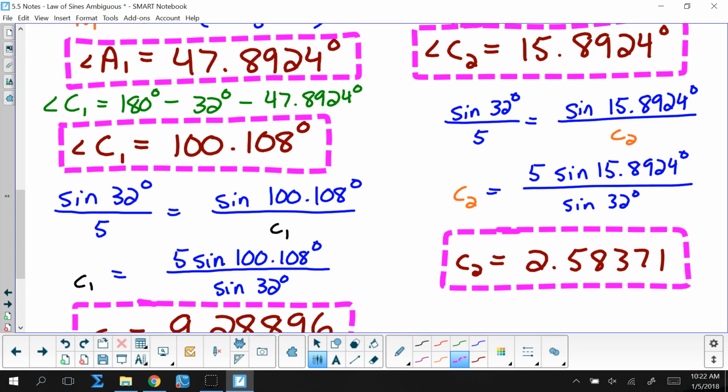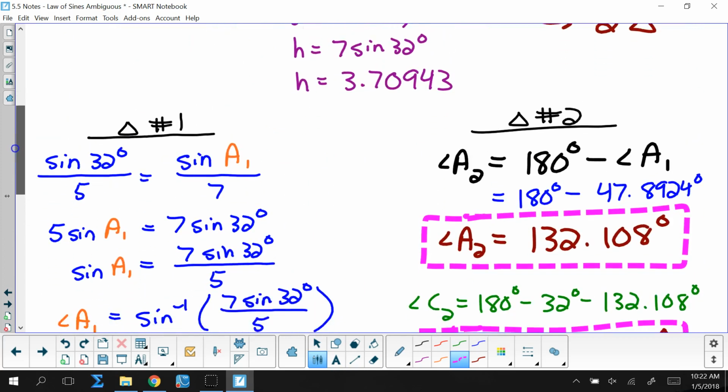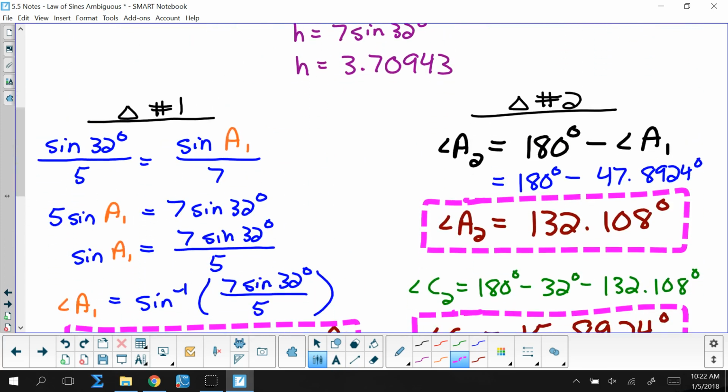Yes, ma'am. How did you know to first subtract the A1 angle from your 180? Yeah. Because in trig, the signs are equal on the top half of the unit circle, or they're both positive, I should say.